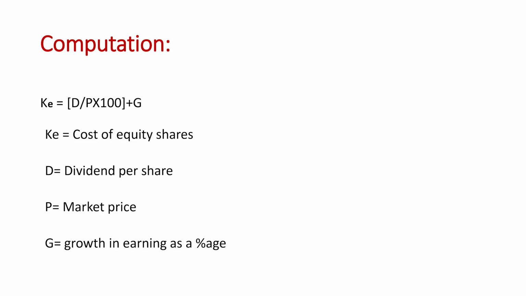The formula is K is equal to D divided by P into 100 plus G. K is equal to cost of equity shares. D means it is dividend per share and P means it is the market price and G means it is the growth in earning as a percentage.